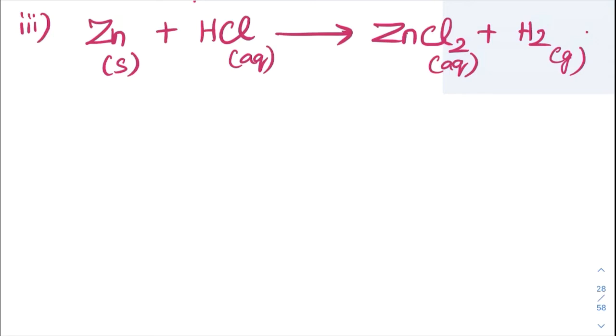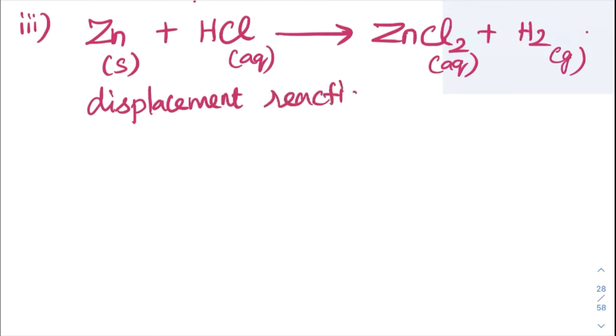Isn't it? Yes. And this reaction is an example for what reaction, ma'am? Displacement reaction. Yes, of course. Why? Here the metal zinc is highly reactive, which displaces hydrogen from the hydrochloric acid. Yes, of course.